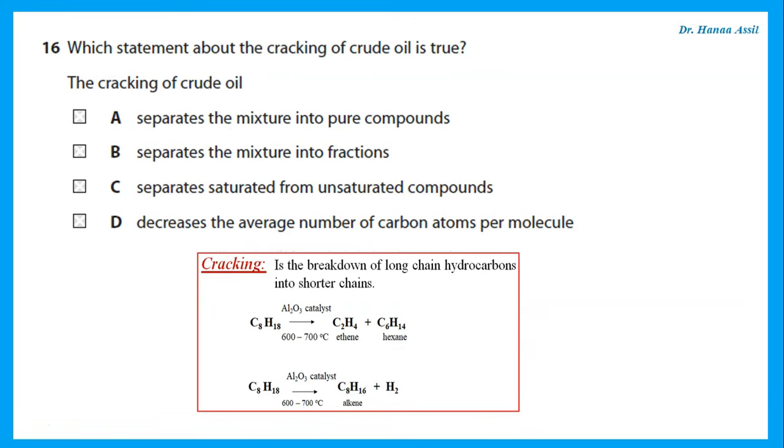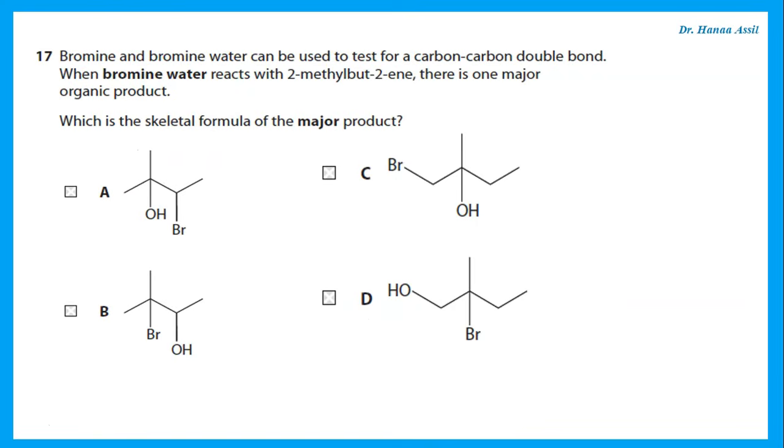Cracking of crude oil separates mixtures into pure compounds. That's not cracking. Cracking, we're starting with long chain, breaking it up into shorter chains. So actually, out of these choices, it decreases the number of carbon atoms per molecule. We're breaking down a big chain with a lot of carbons into shorter chains.